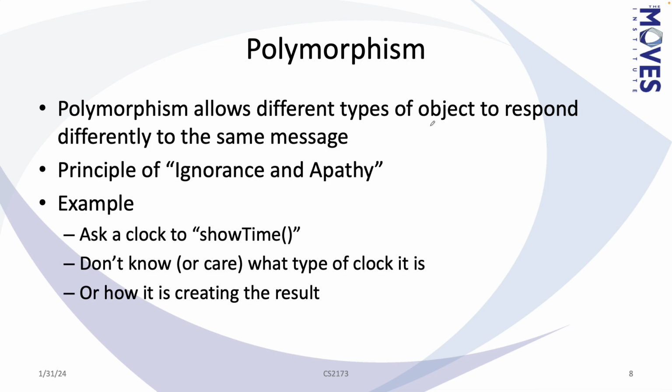What type of clock are you? I don't know or care. Now somewhere else, someone who's configured it, wearing another hat, has configured it with the kind of clock that I want, because I may be concerned about how accurate it is or how fine grained it is. But once I've done that, then I can just forget about it and just say show the time.